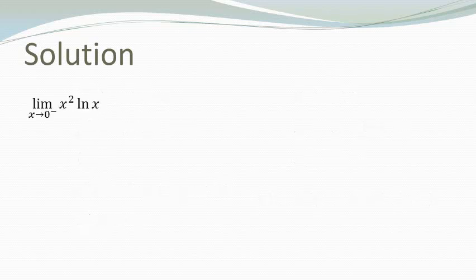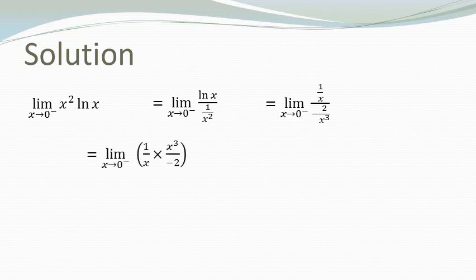Let us now find out the limit of the function as x approaches 0 minus. So we can write down the limit in this form. Now this is infinity over infinity form, so we can apply L'Hopital's rule and write down the limit in this form, which can be simplified to this.